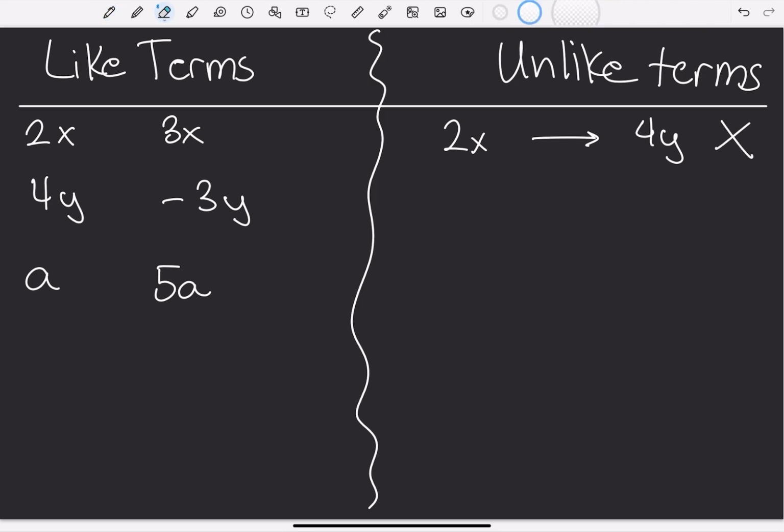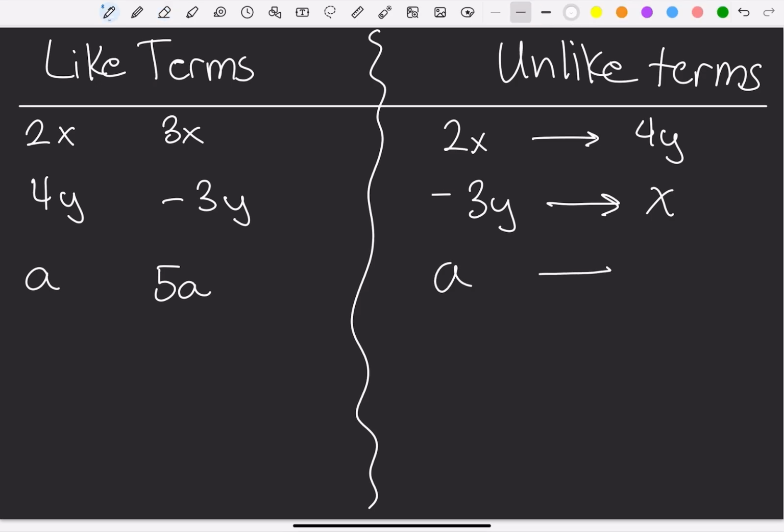Okay, what about, let's take that negative 3y, and the term next to it is just the letter x. No, they are not the same. They are unlike. What about our a? The term next to it, say b. Are these like each other? No, they are not. So that's how you find out what like and unlike terms are.